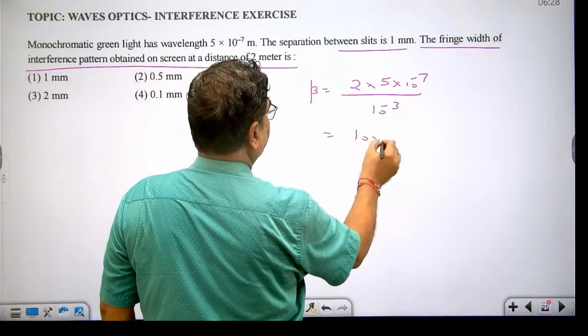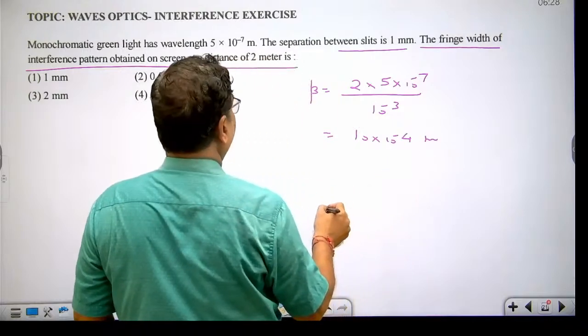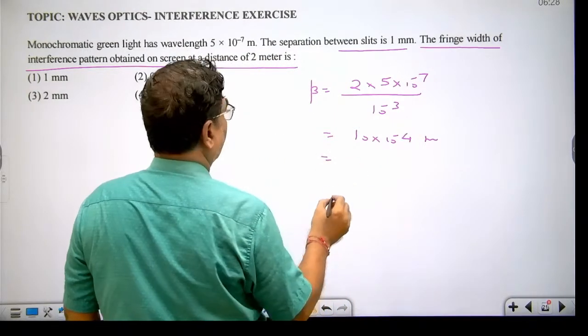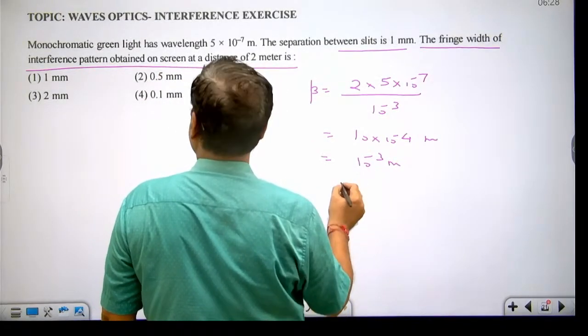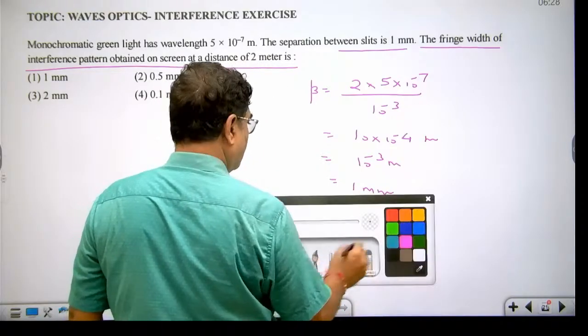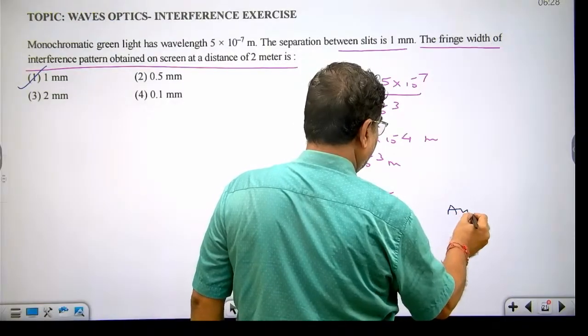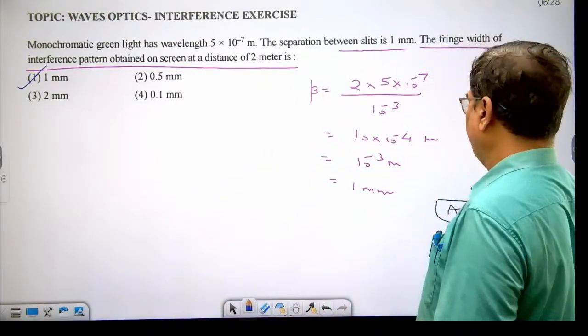This is 10 power minus 3 meter. So this is 1 millimeter. So out of 4 choices, the correct answer is option 1. Option 1 is the correct answer. Okay, 1 millimeter.